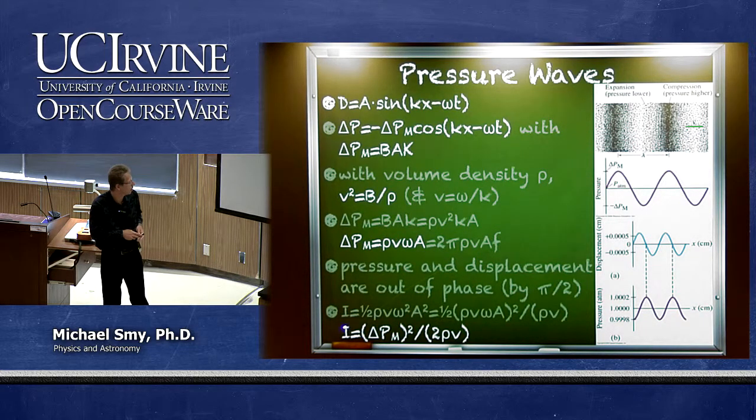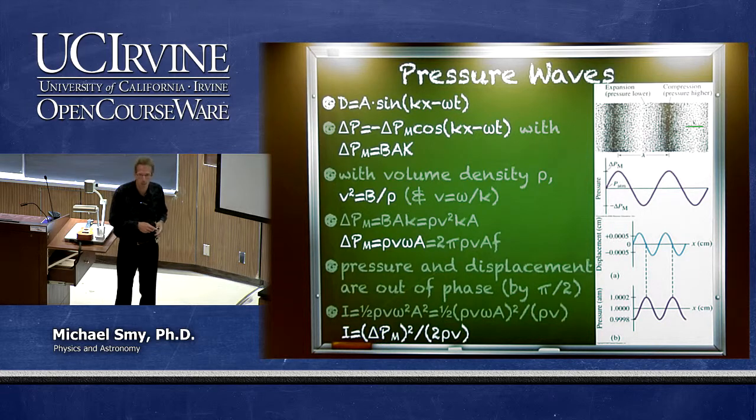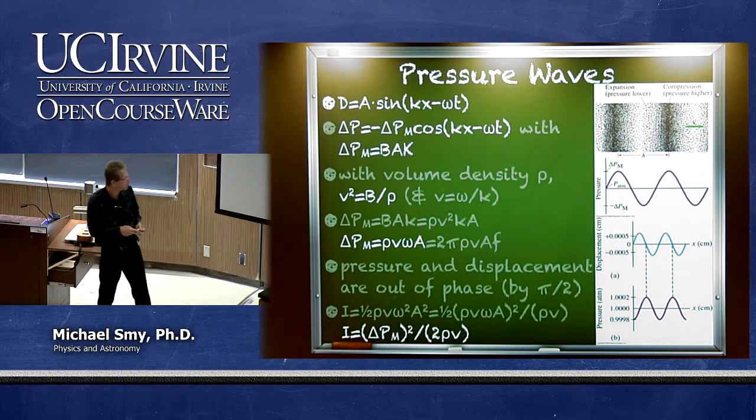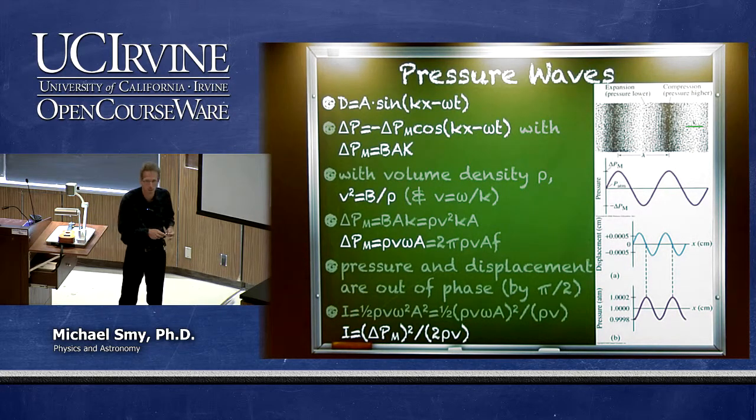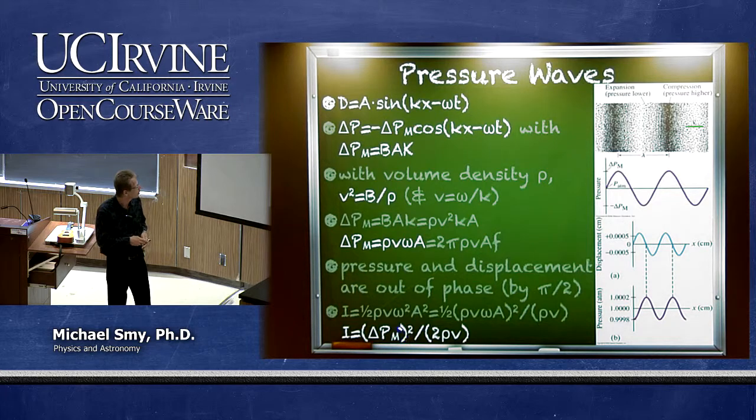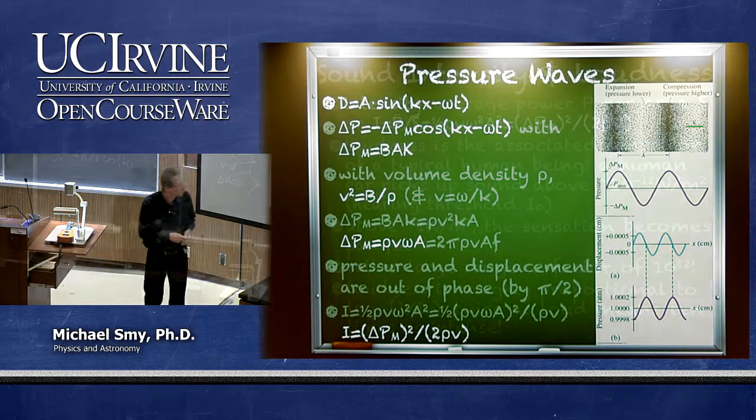And so the intensity is not just proportional to the amplitude square, it's also proportional to the pressure amplitude square. So as I said before, the description with pressure is equivalent to the description with displacement. The only difference is that while we had this prefactor for the intensity in the case of the displacement amplitude A, we get a different prefactor for the pressure amplitude.